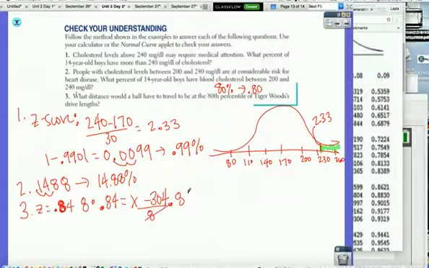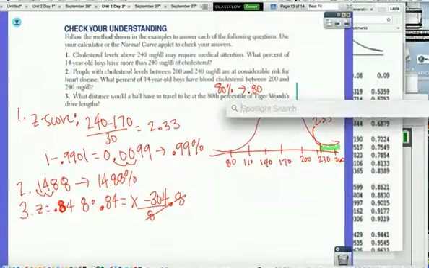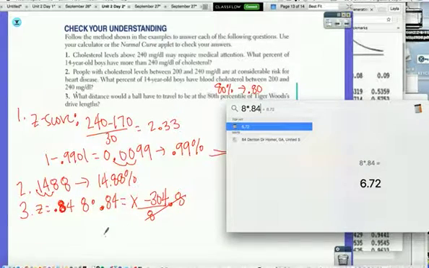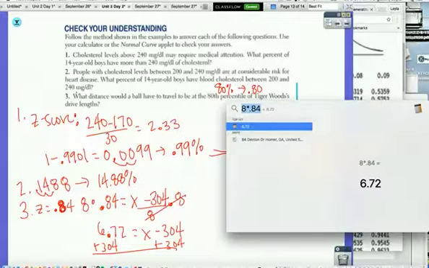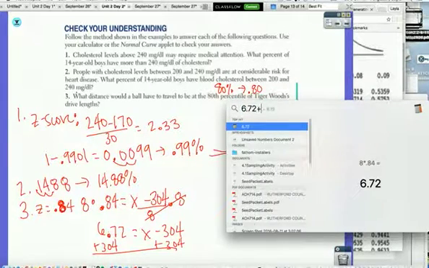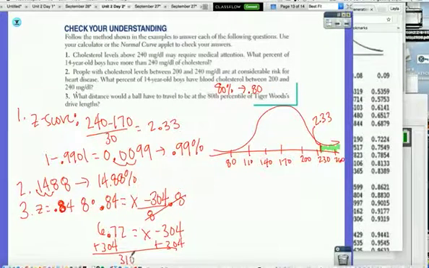Whenever I do that, those cancel. I have 8 times 0.84, which is 6.72, equals x minus 304. To get x by itself, I would add 304 to both sides. And 6.72 plus 304 gives us 310.72 for x.